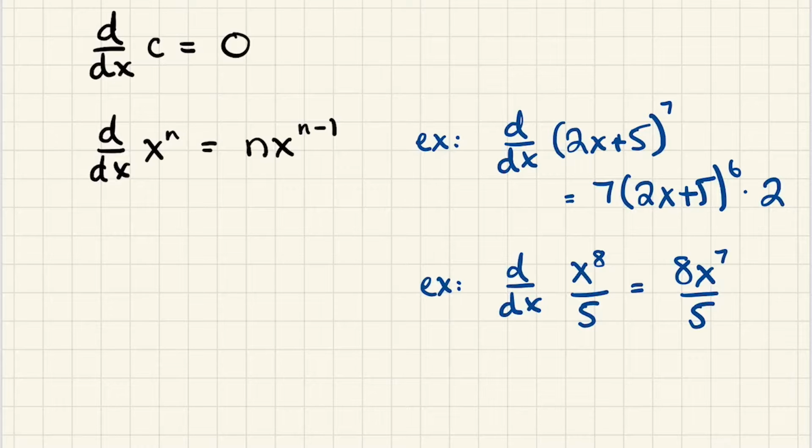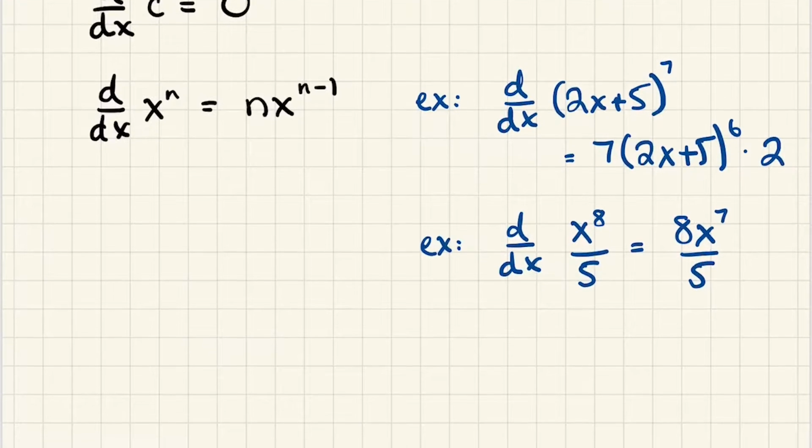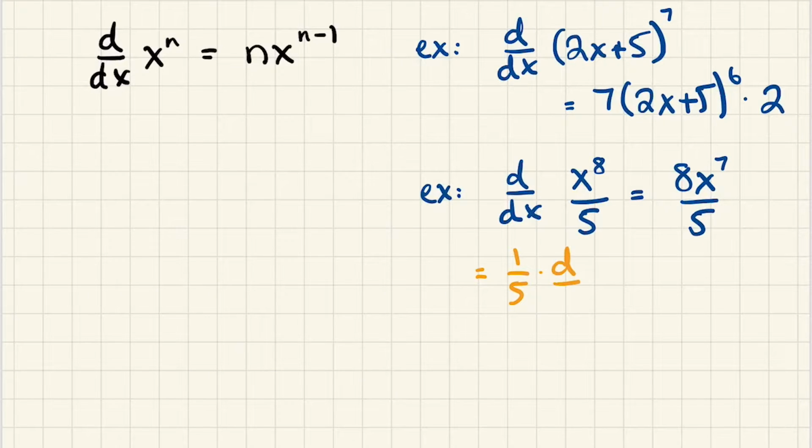And the reason is because that over 5 is just, you can think of it like a coefficient, right? So we can think of this as, say, 1/5 times the derivative of x to the 8. So that's 1/5 times 8x to the 7, and there's your 8x to the 7 over 5.